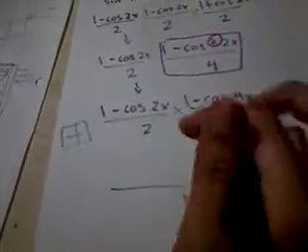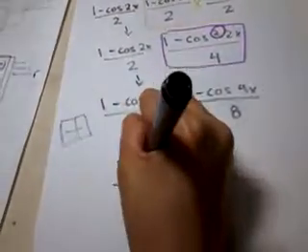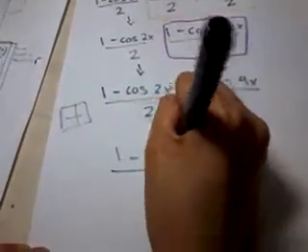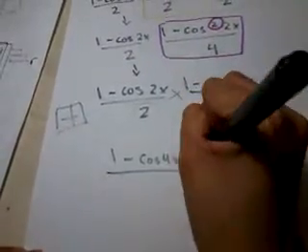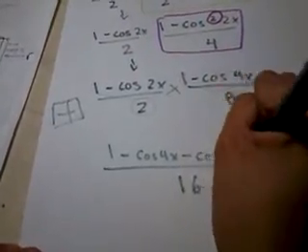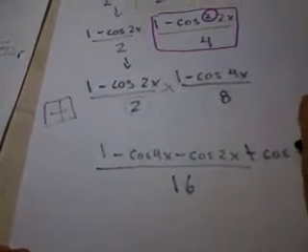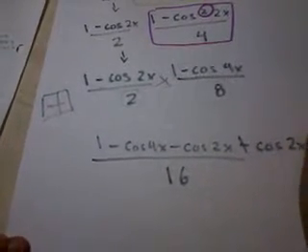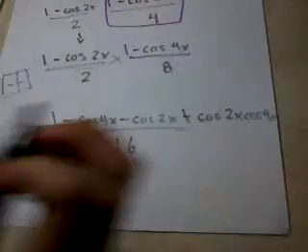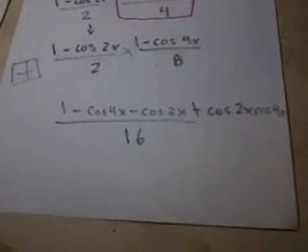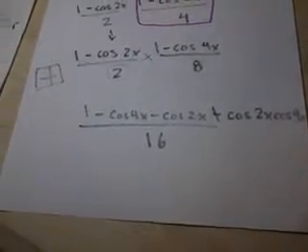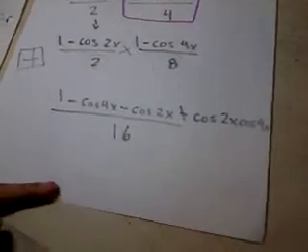When we do so, we should get 1 minus cosine of 4x minus cosine of 2x plus cosine of 2x times cosine of 4x. Okay, so now, how can we simplify this further?